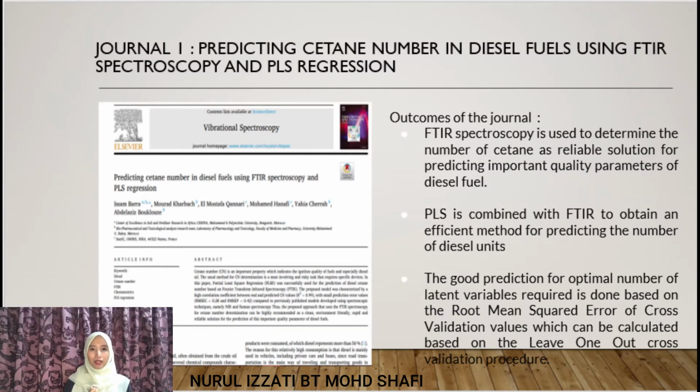Other than that, PLS can be combined with FTIR to obtain an efficient method for predicting the cetane number of diesel. And lastly, to find a good prediction for the optimal number of latent variables required, it can be done by using the root mean square error of cross-validation values, which can be calculated based on the leave-one-out cross-validation procedure.